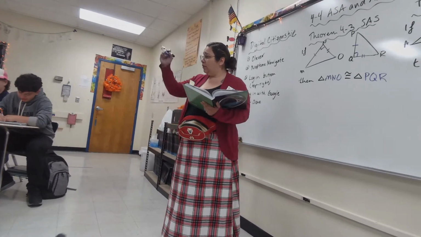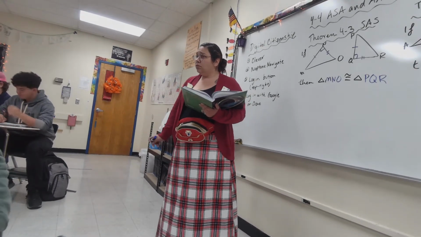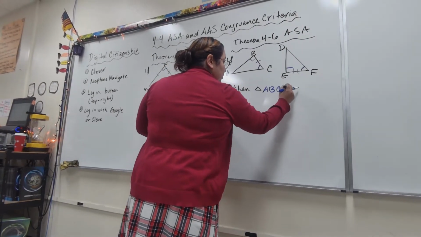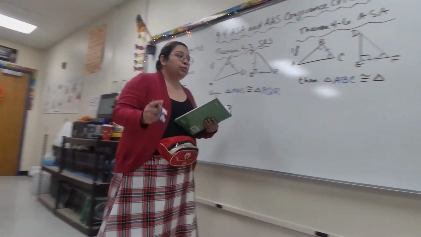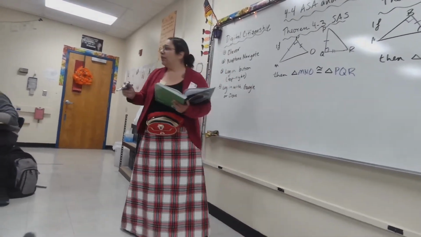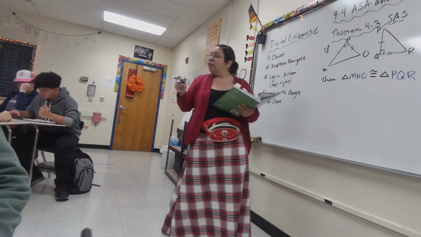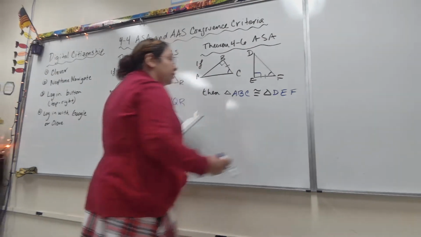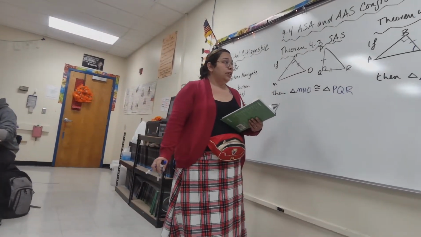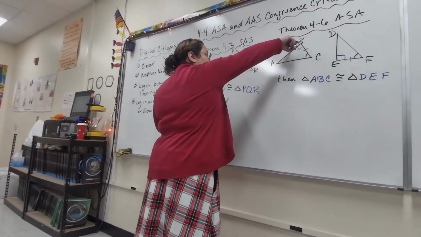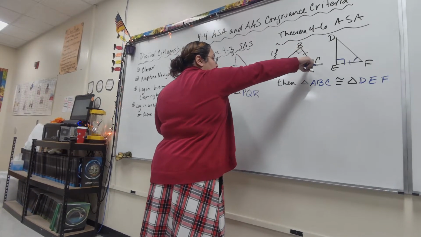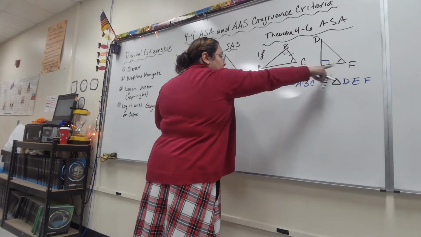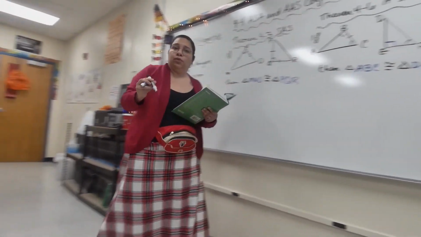Would it take care of angle, then side, then angle? Yeah, we could say that. So let's start with that. Is congruent to triangle DEF. Right? Takes care of this leg right here. Angle, side, angle, ABC. This one takes care of this leg here. DEF, angle, side, angle. That one worked out.